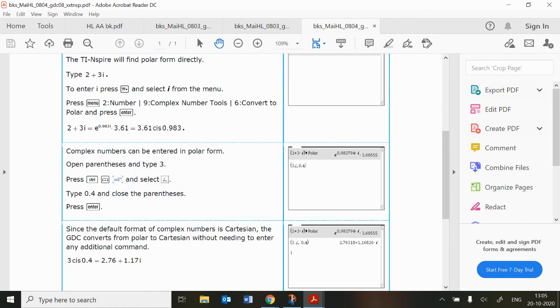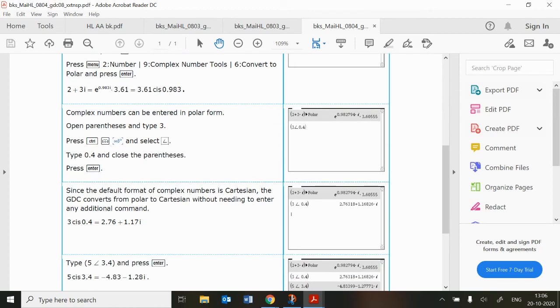So then you can select this angle symbol, and then you put your angle in as 0.4 there. And of course, make sure that you're set up in radians. Now, if you do that and you press enter, then again, you'll be given your complex number in this form down here.